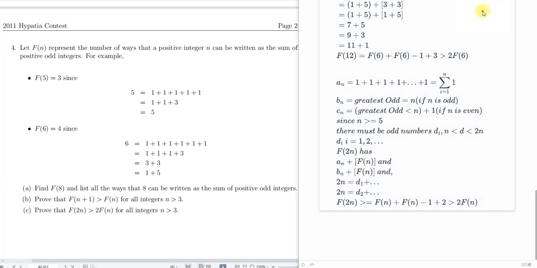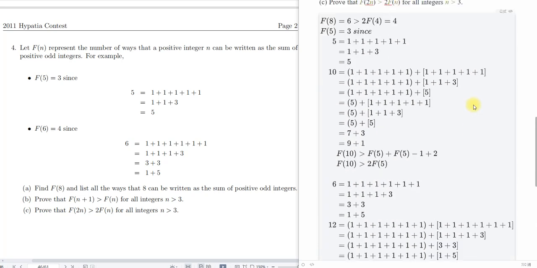Sorry, I didn't write it very clearly here. So that will be B_n plus all the f(n)'s, or C_n plus all the f(n)'s.